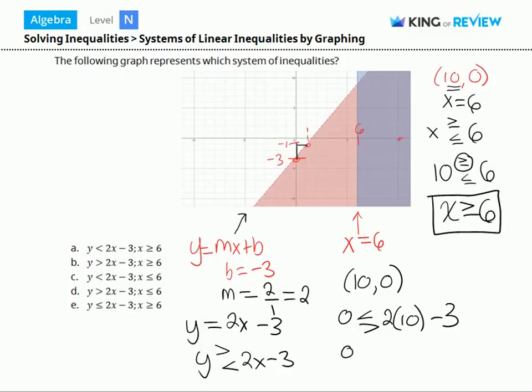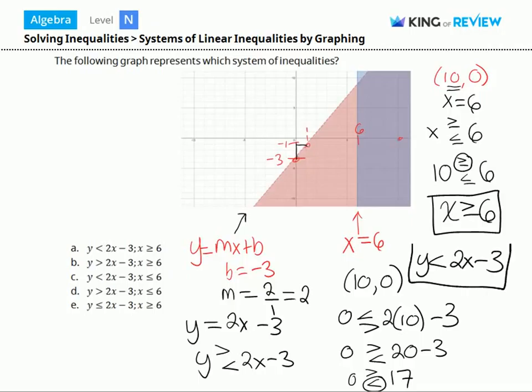This gives us 0 is greater than or less than 20 minus 3, and 0 is greater than or less than 17. So which is it? Well, 0 is less than 17. So now we know the sign of our inequality. It's y is less than 2x minus 3.